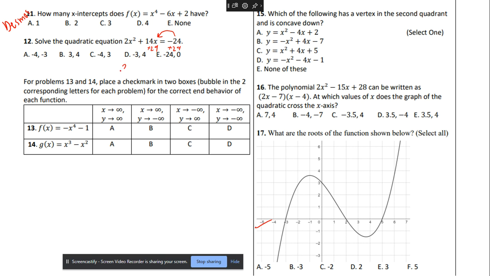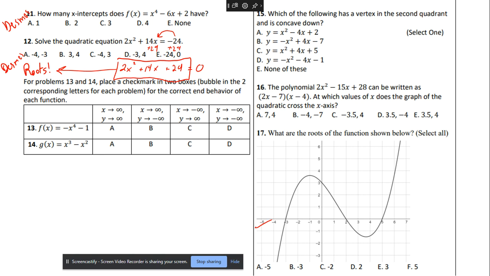And so your equation becomes 2x squared plus 14x plus 24 equals 0. Well, if you graph this portion in Desmos, you are looking for the roots, and that will solve the same question. So graph that in Desmos, look for your roots, and that's all you need.